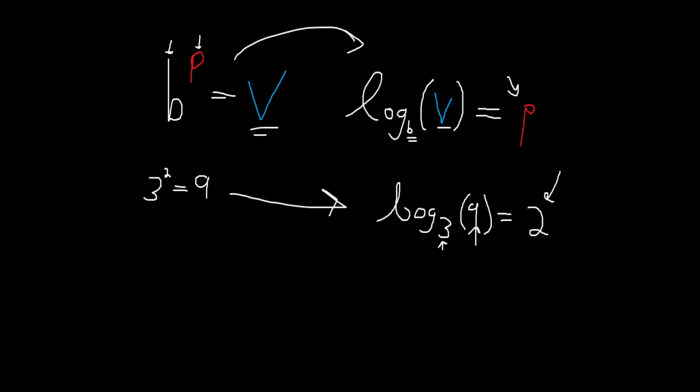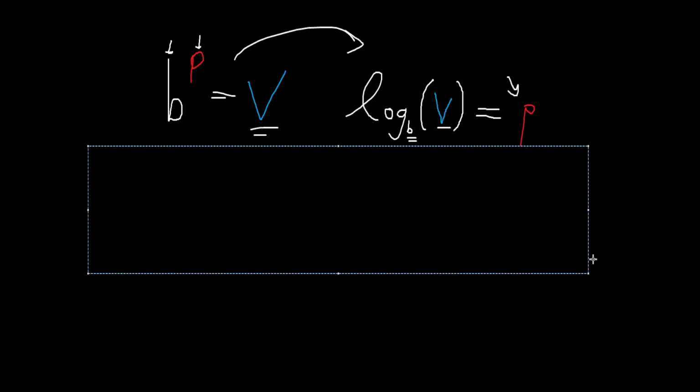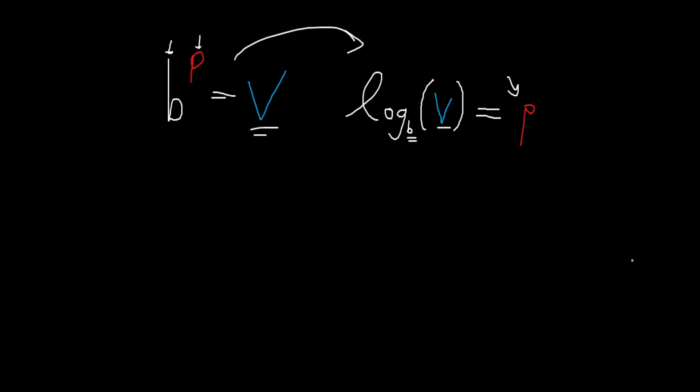To give a little bit of a messier example, because sometimes we have clean examples and then we have messy examples. So we're keeping the same formula. Let's say I have 10 to the x equals, let's say, 1,000.